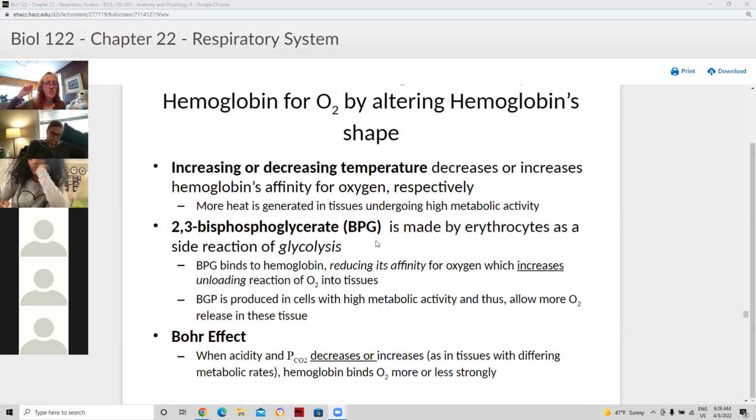So if its levels are going up, it's because we need more oxygen in that tissue. If there's more anaerobic development of ATP going on because of glycolysis, we're also going to have reduced affinity. We're going to have oxygen more easily unloaded from the hemoglobin.